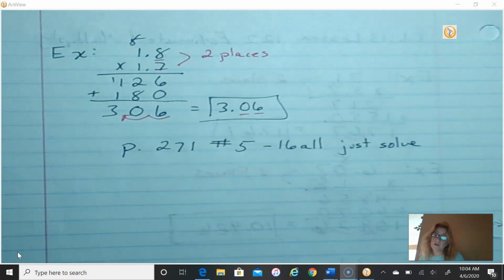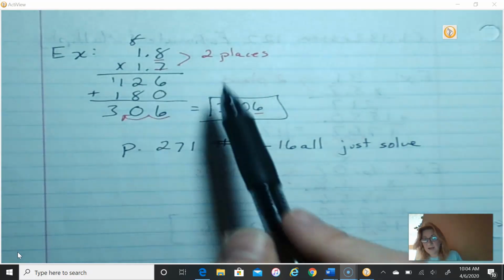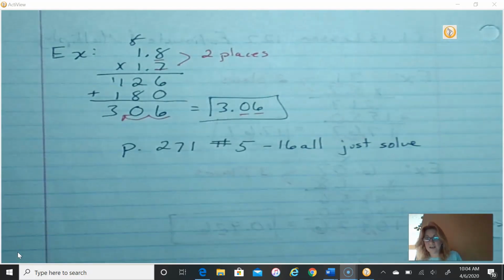There's an example in your book and you probably can just pick it up on your own. I don't want to spend a whole lot of time on this. This right here is what you're going to need later on. And again, I'm picking and choosing what I can do right now. So anyway, that's what you need to do.